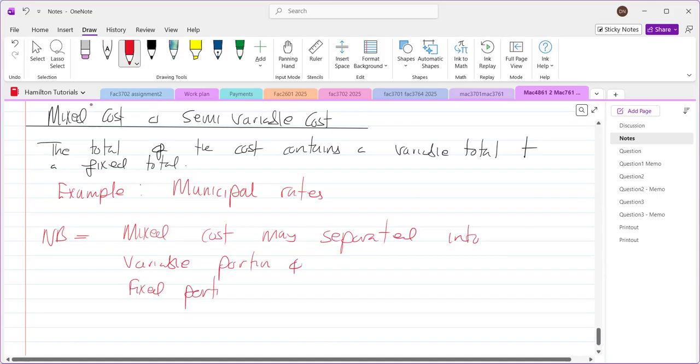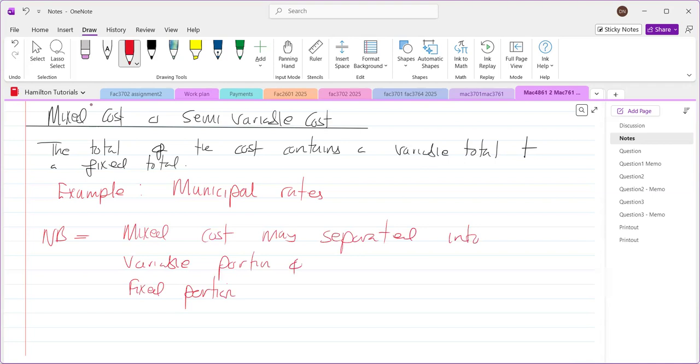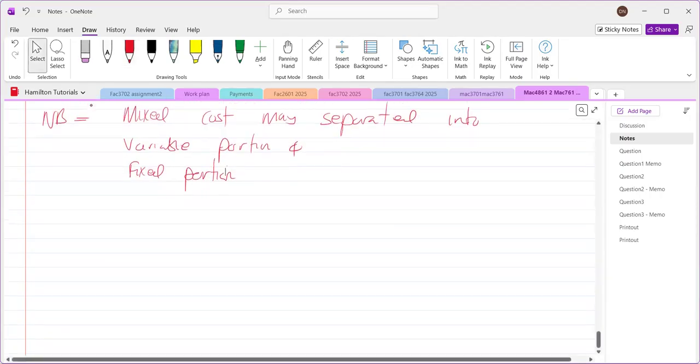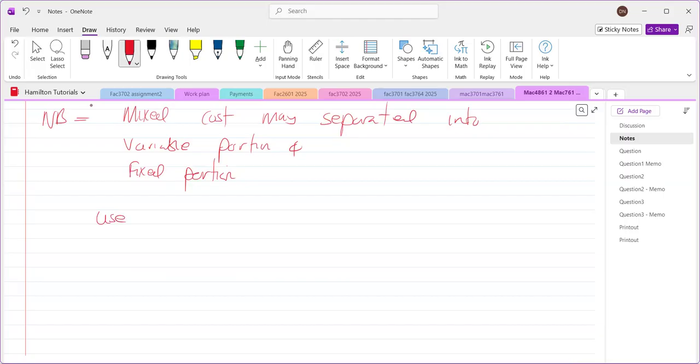So this is an important calculation that is usually required in management accounting, where you have to split a mixed cost into its variable component and its fixed component as well. Here we use mostly the high-low method.